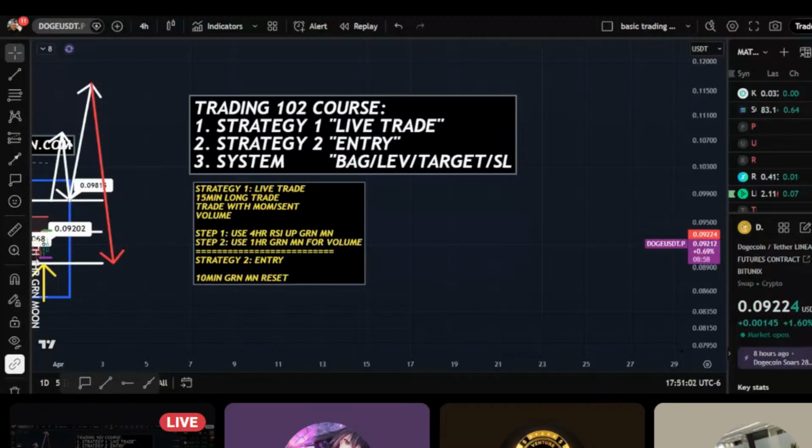So let me update this here. This is your trade here. Let's go here. So the system is going to be, we have a 1% pullback, so we're going to go 33% leverage. We're going to have a target of 60%.